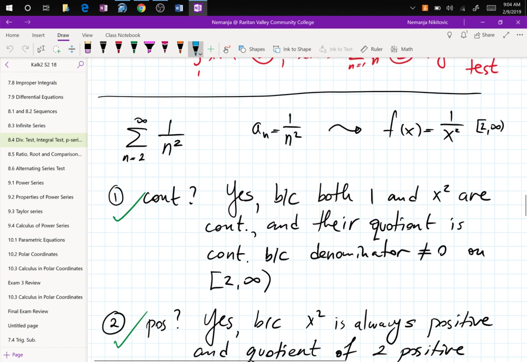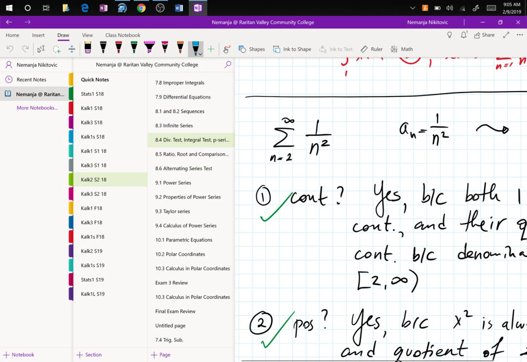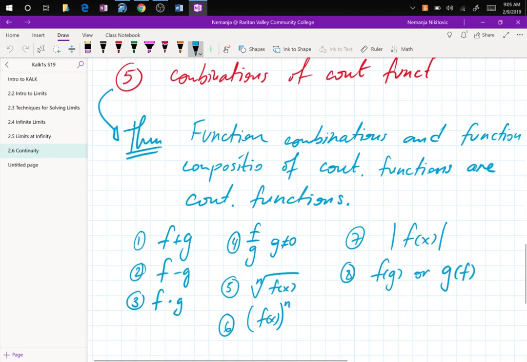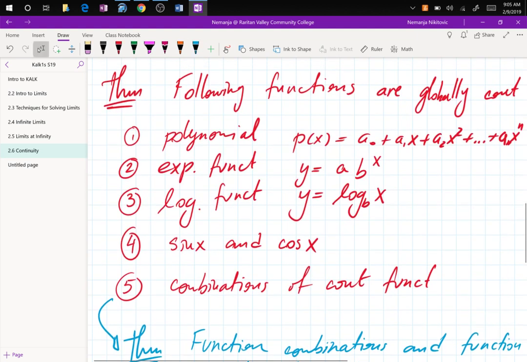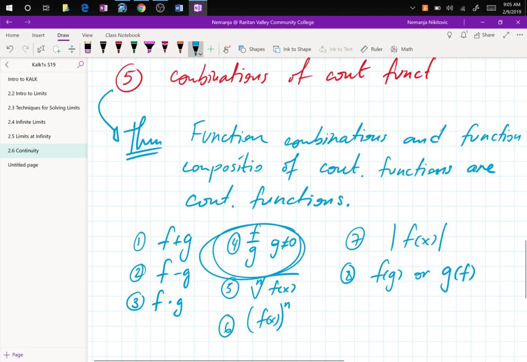So both 1 and x squared are continuous because they're polynomials. That's the first theorem. And their quotient is continuous because the domain is 2 to infinity, so the denominator can't be 0. So in this particular case, to solve this problem in Calc 2, we are combining knowledge that polynomials are continuous, and then that division when x is different than 0 is continuous.